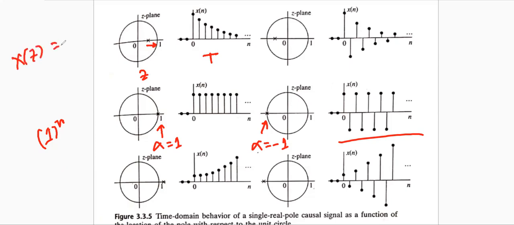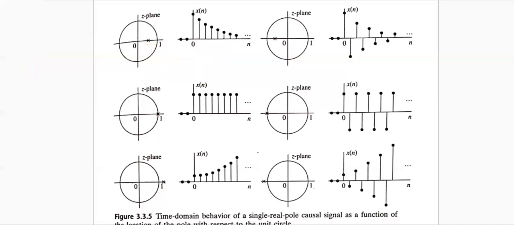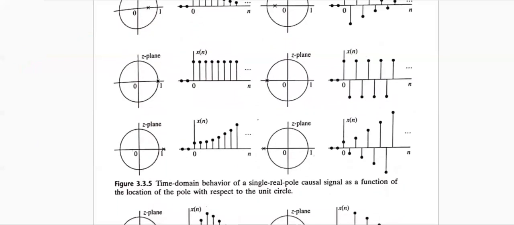I can write the X(z) equation with respect to poles and zeros, because the numerator gives the zeros and the denominator gives the poles. So you can move from the time domain to the z domain or from the z domain to the time domain. That has been shown here in this diagram.